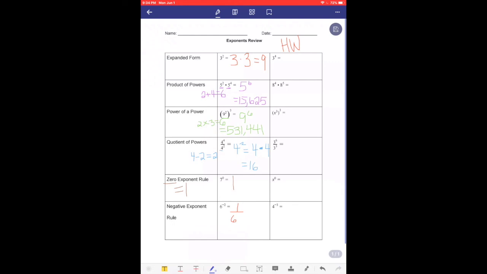So that becomes 6 to the 2nd power. And if we want to evaluate this further, we can do 6 squared in our calculator. 6 squared is the same thing as 6 times 6. And when you do that, you will get 1 over 36.